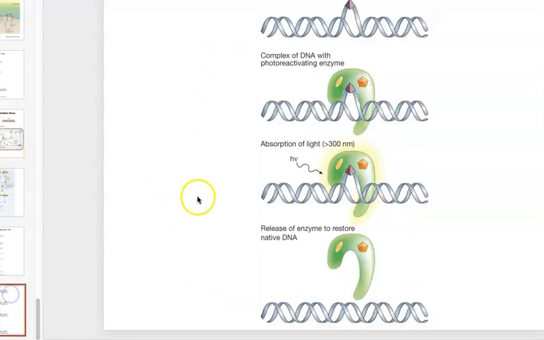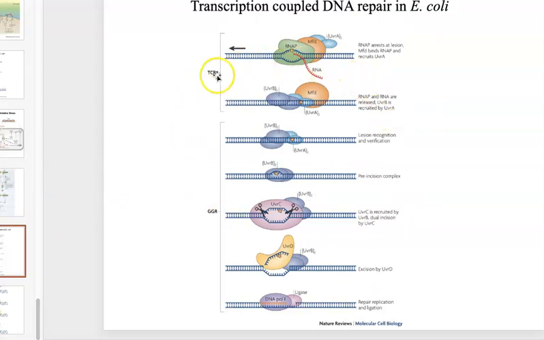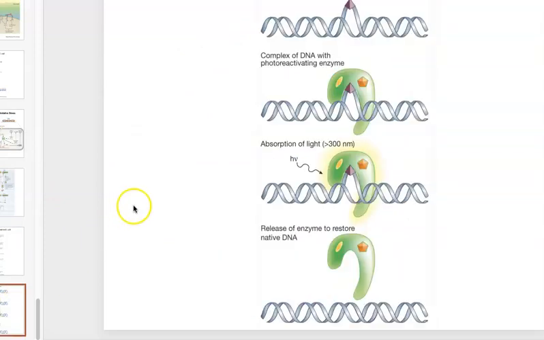Here's another version of DNA repair. This is so-called photoreactivation. This one right here is light independent. It doesn't need light. But this one right here is light dependent, meaning that in order for this pathway to work, you have to have a certain exposure to a certain wavelength of light. Imagine this little pyramid. Here's the lesion.